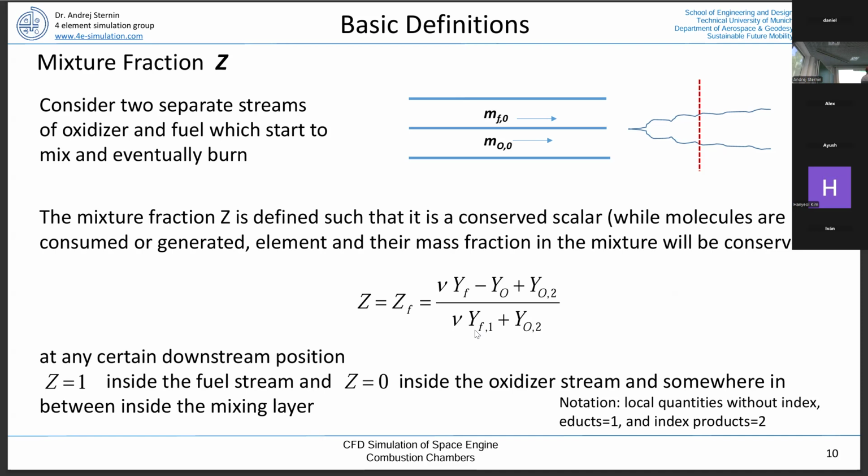That's in principle the strength of the mixture fraction, because it's a conserved scalar, and you can easily find, for instance, where we have the stoichiometric mixture fraction. Here we can say this is where the combustion really takes place.